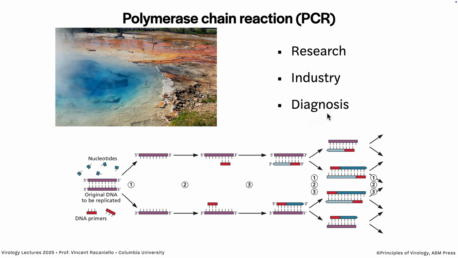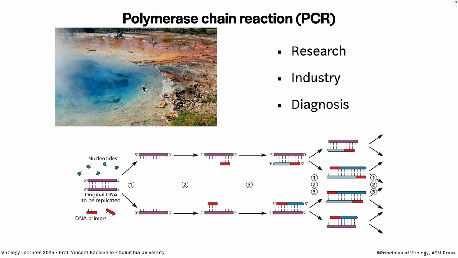Another essential technique for virology research is PCR, polymerase chain reaction. Huge impact on research, on industry, and diagnosis. So this comes from the study of bacteria that grow in hot springs. Remember last time we talked about the grasses that grow in hot springs?